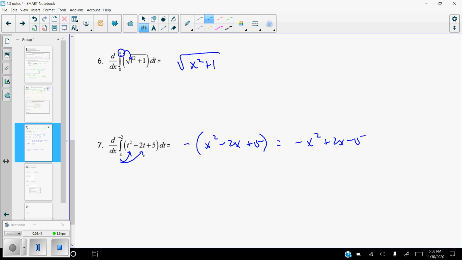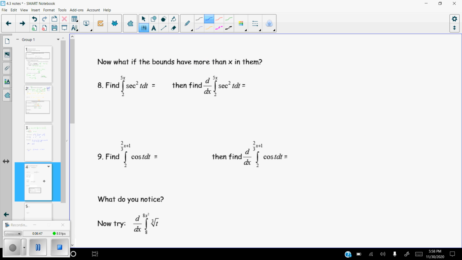Okay, now again, this is the way it is if it's as simple as just x. It won't always be that simple, as we can see here on the next page. So we're going to do the same process. What you should see now is one of my bounds is 5x. It's not just x. I want to find the integral of secant squared t dt. So I'm going to take the antiderivative.